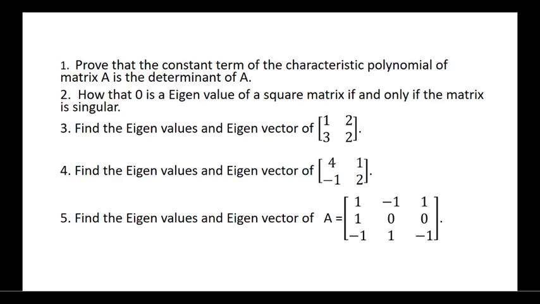To find the eigenvalues and eigenvectors, first we write the characteristic equation. What is the characteristic equation of any square matrix A? Determinant of A minus lambda I is equal to 0.